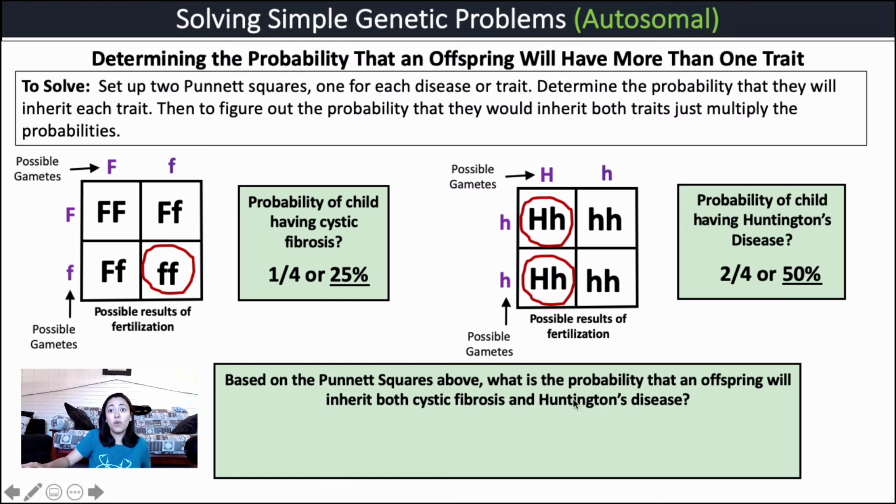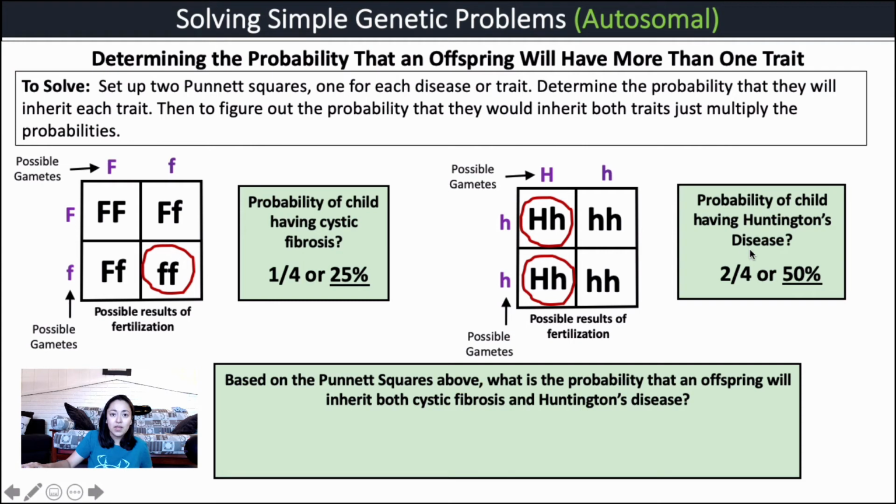And I want to know, what is the probability that an offspring would inherit both cystic fibrosis and Huntington's disease from their parents? And I found out that there's a 25% chance that their child would inherit cystic fibrosis. I did a separate Punnett square to figure out that there was a 50% chance that they would inherit Huntington's disease.